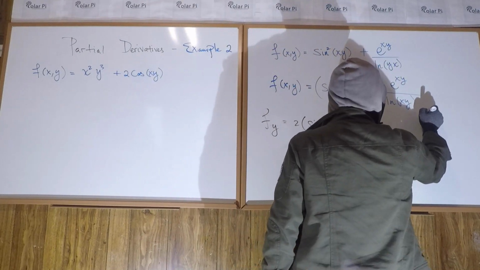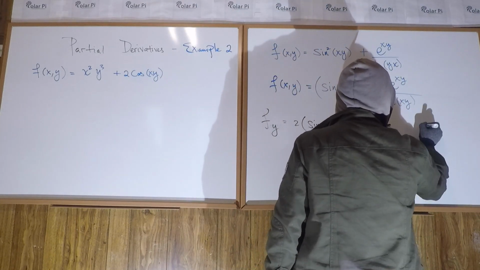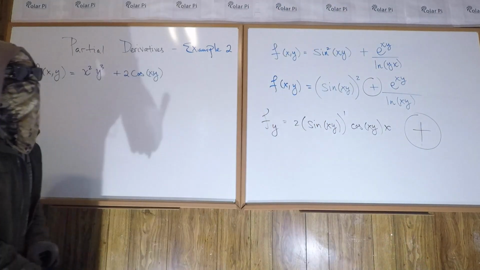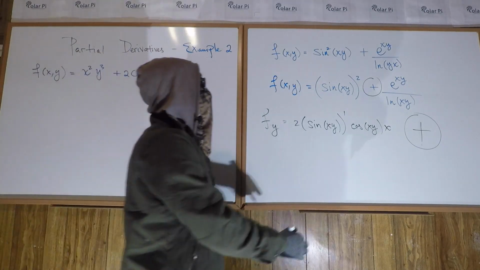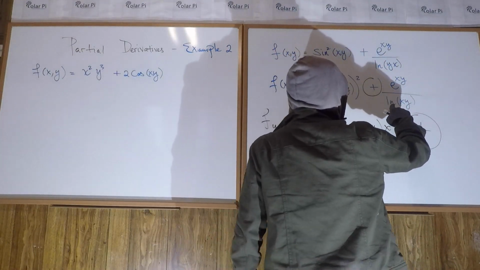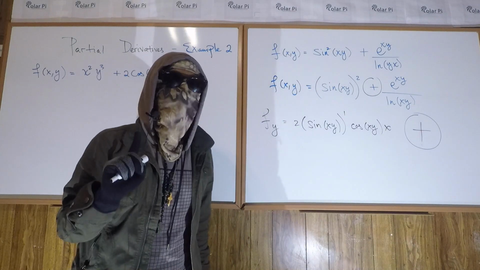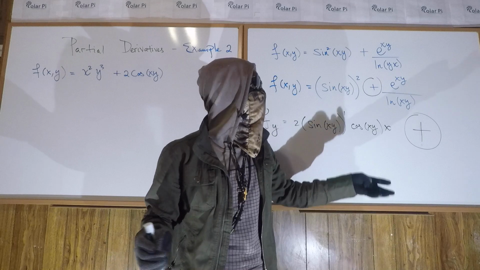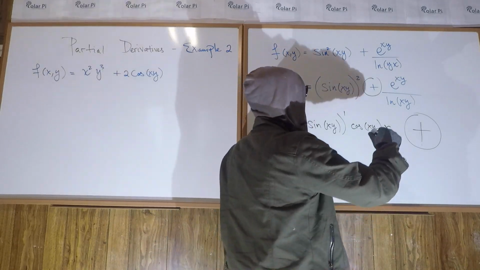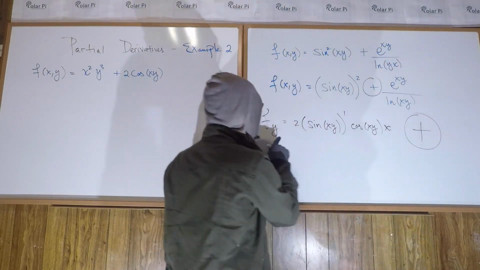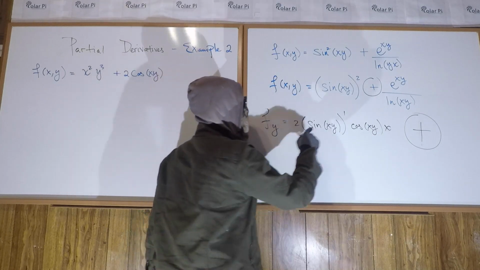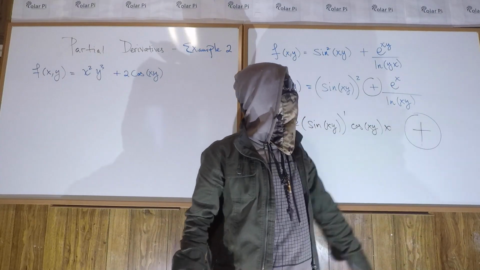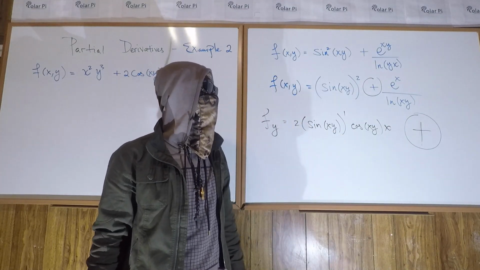Okay, so plus, let me put a giant plus sign, and this plus sign right here is this plus sign right there, because notice that both e to the xy and the natural log of xy can be seen as a function of y or x. And so what that means ultimately is that we need to do the quotient rule here. What I'm suggesting is, since we're doing the partial with respect to y, if there was no y here, then e to the x is just a constant, so we don't have to use the quotient rule.